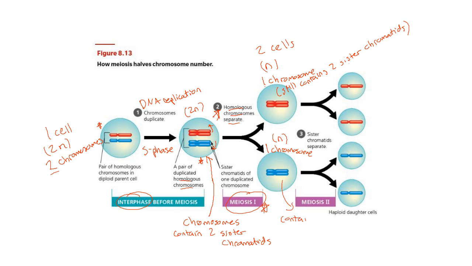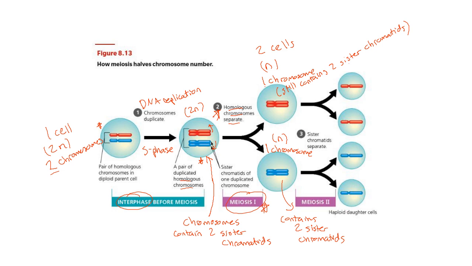Contains two sister chromatids. However, we now have half the number of chromosomes. What happens then? Let me change my color.